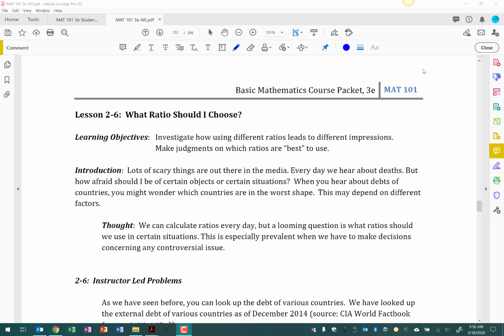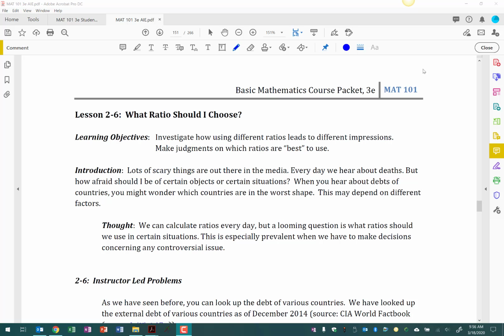The idea here is that there are a lot of situations we can be in where we have a lot of data that describes the same thing in different ways, and we can therefore create an awful lot of ratios. How do we go about determining what's the best ratio to use? Part of that depends on what we're trying to figure out, how we're trying to communicate, what kind of message we're trying to send, and ultimately what our goals are.